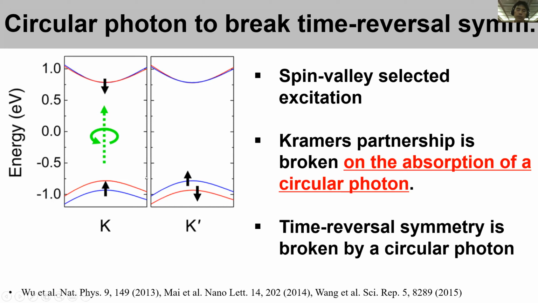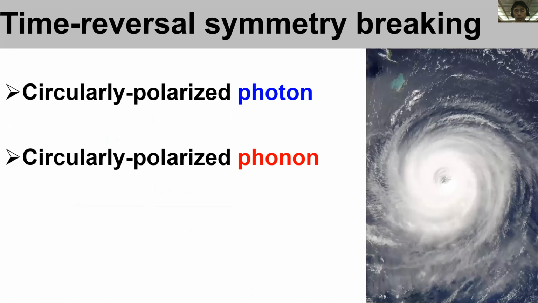So on the absorption of a circular photon, only a single valley is excited. So the Kramers pairing, the spin up at K and spin down at minus K, is broken by this circular excitation. This was well demonstrated around 2014.